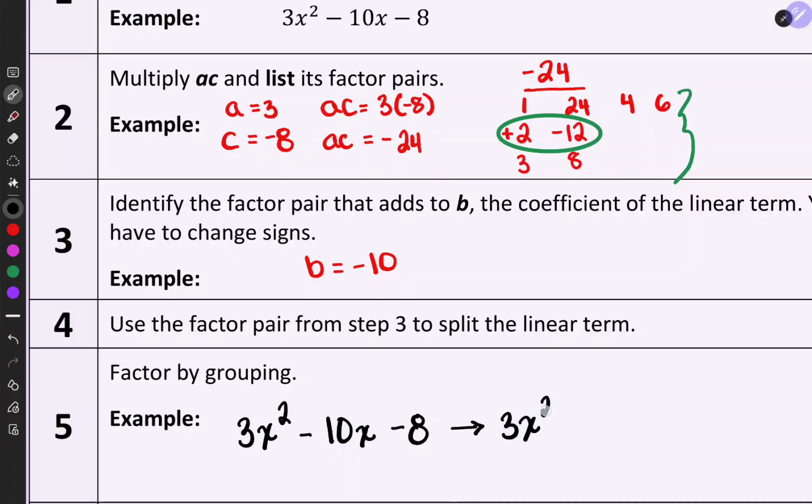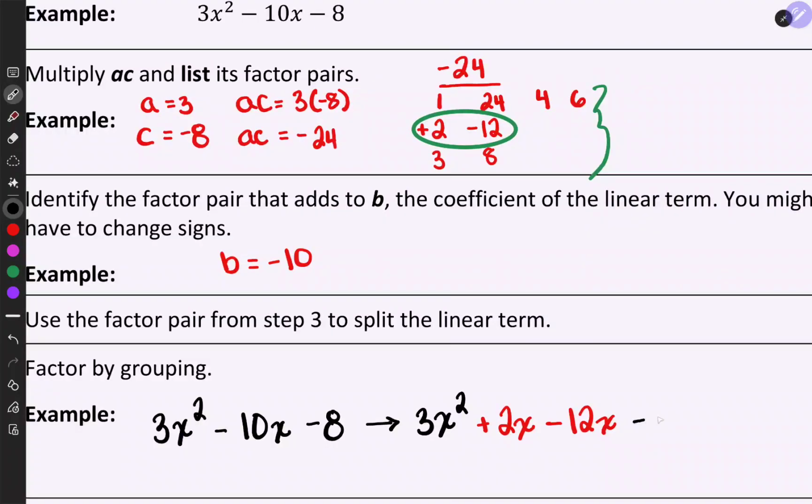3x squared plus 2x minus 12x minus 8, where this is still our -10x.